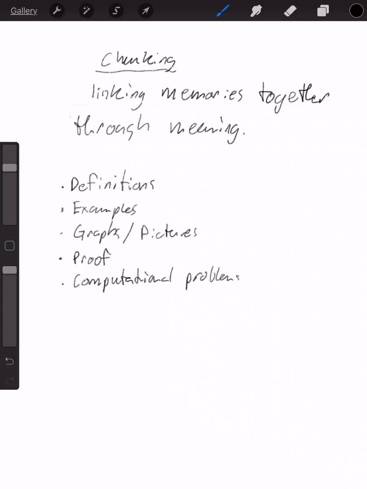Each one of these can create multiple different memories or memory units. And when you chunk them, you're taking all these different memory units and linking them together through meaning. That's what chunking is.